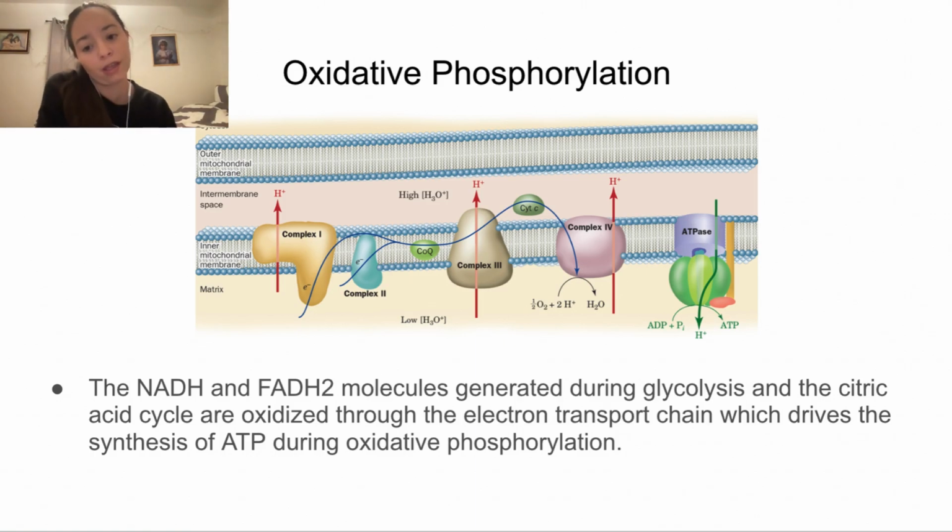After these pathways, NADH and FADH2 will be involved in a series of reactions that will end up driving the synthesis of ATP, which is why NADH and FADH2 are able to yield ATP molecules.